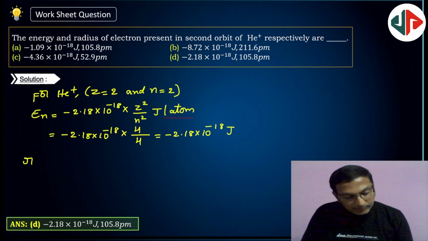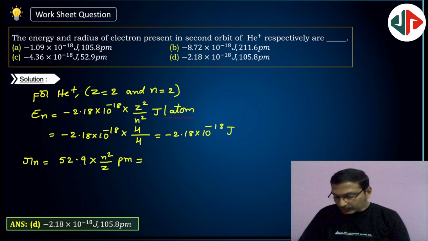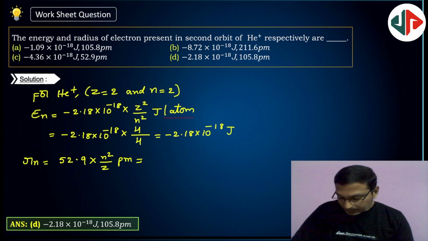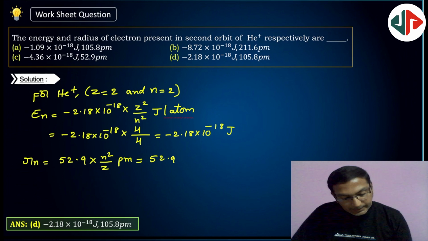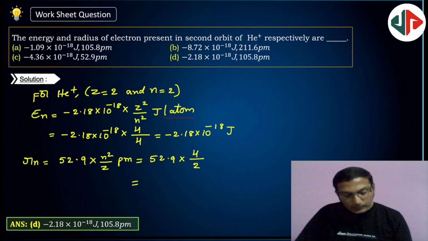Next, radius of nth orbit: 52.9 into n square by Z picometers. That means 52.9 into n square. N square is 4 by Z, 2. That is into 2.